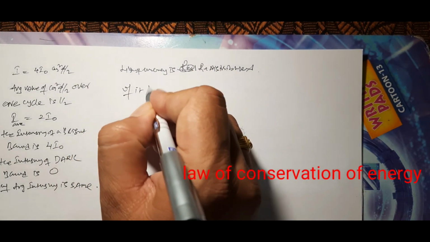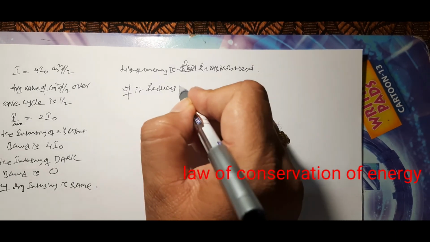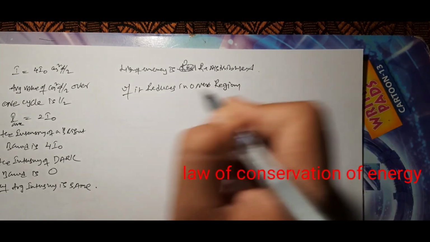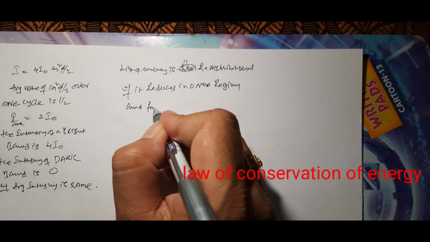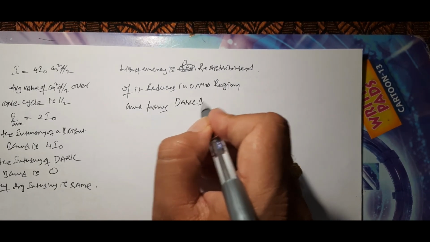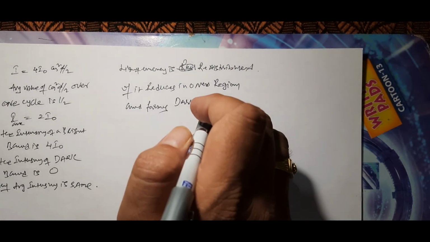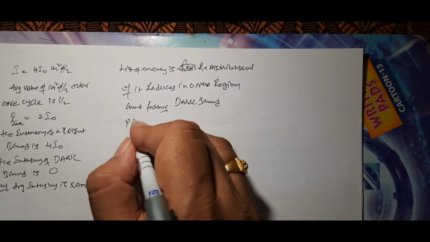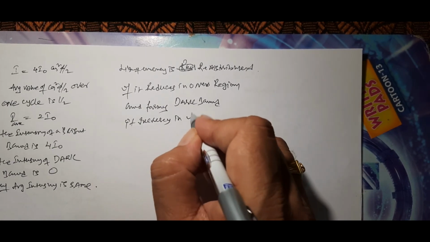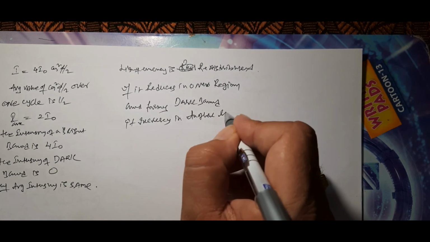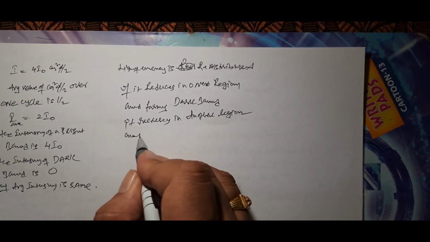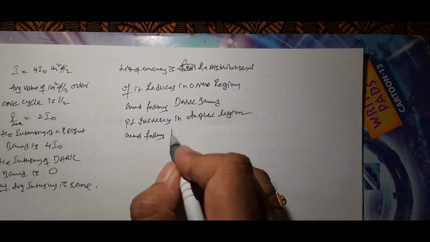If it reduces in one region and forms a dark band, it increases in another region and forms a bright band.